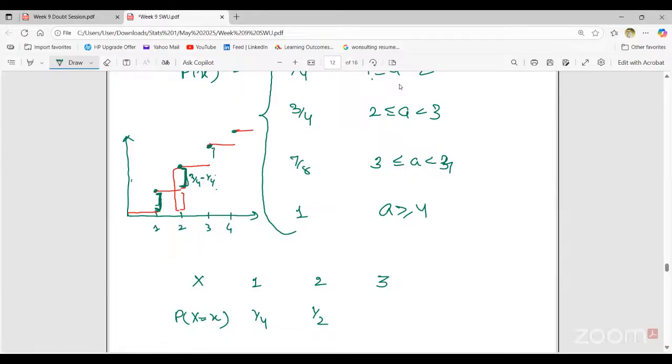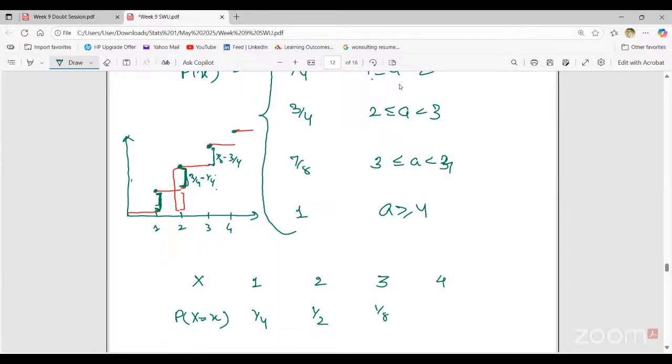We have to calculate this value, right? So what is this value? It will be 7 by 8 minus 3 by 4. Correct. So you will get 1 by 8, I guess, right? This will be 1 by 8.